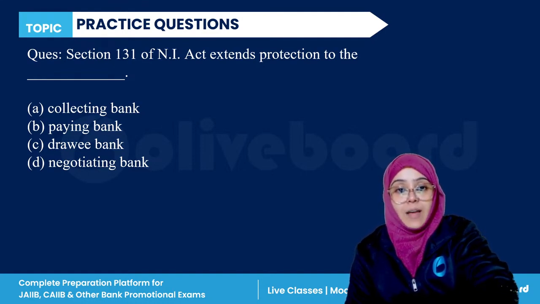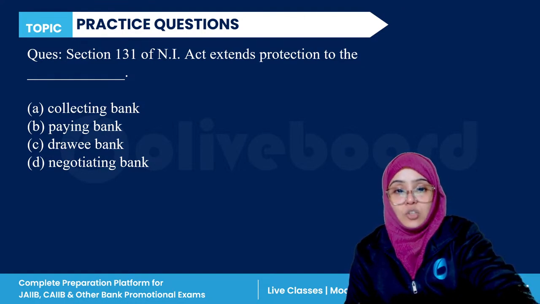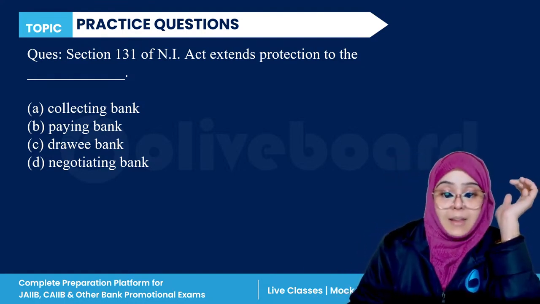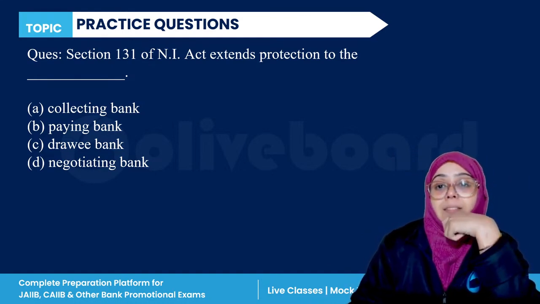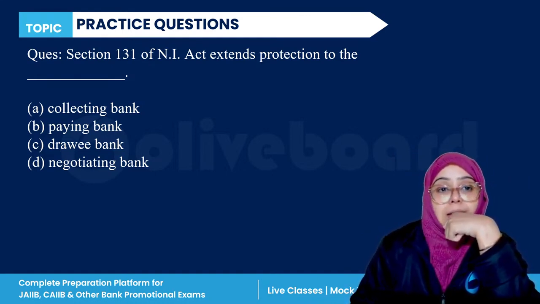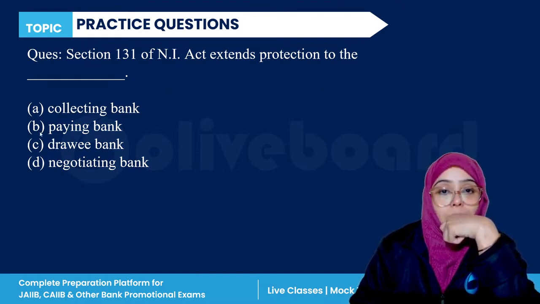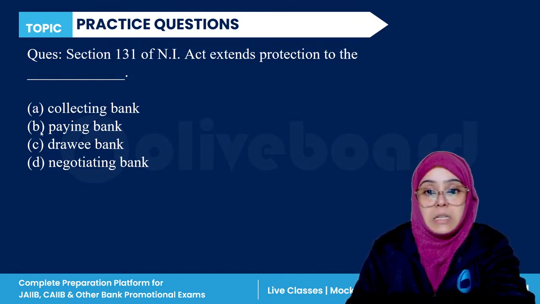Now here I am confused in Section 131. Is it the collecting bank or the paying bank? I need to check this before answering. Everyone just hold on. Sometimes I am also confused. Okay, there's no big issue. Section 131.